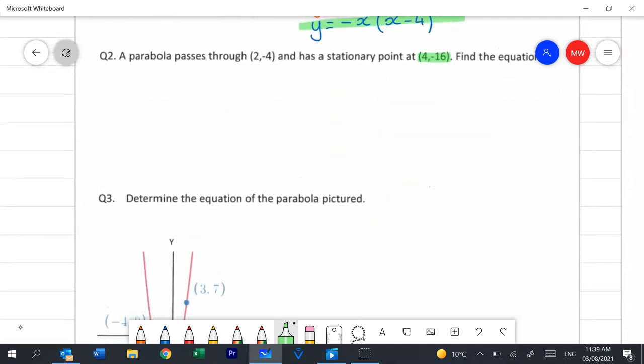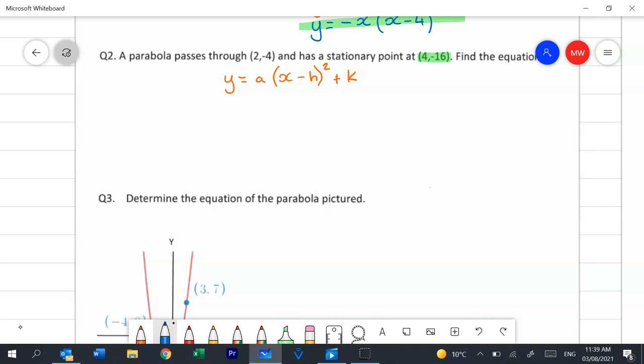This time we're going to need to use the turning point form. Again, we've written that as y equals a(x minus h) squared plus k. Again, the letters h and k might change like w and t above, but they mean the same thing. They are the x and y coordinates of the turning point.